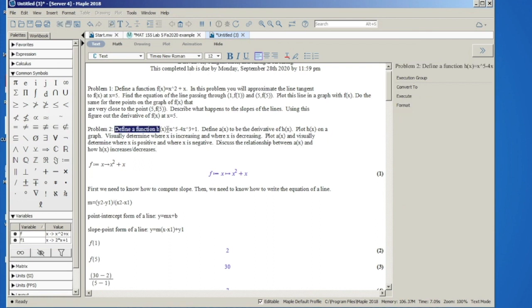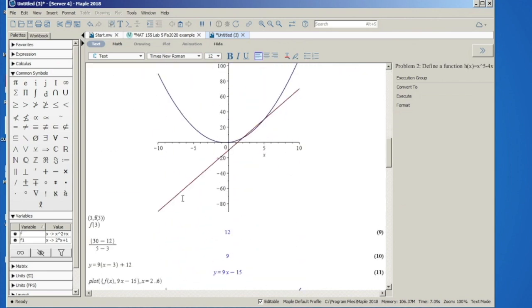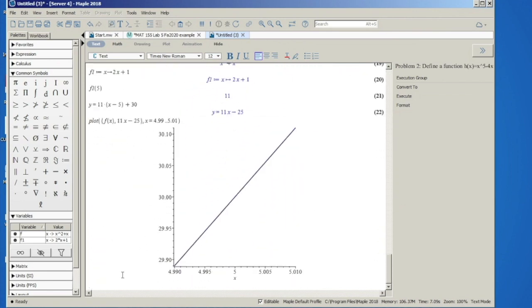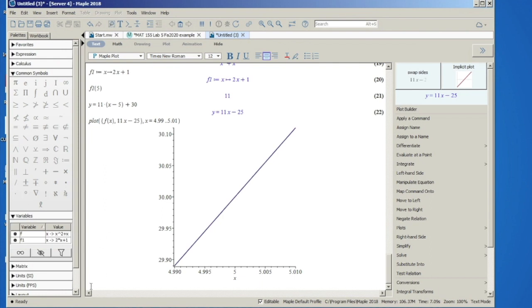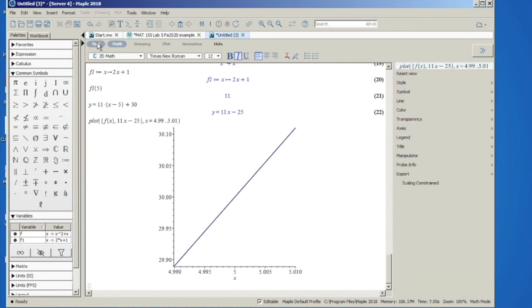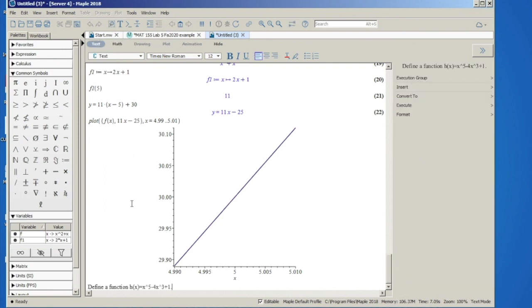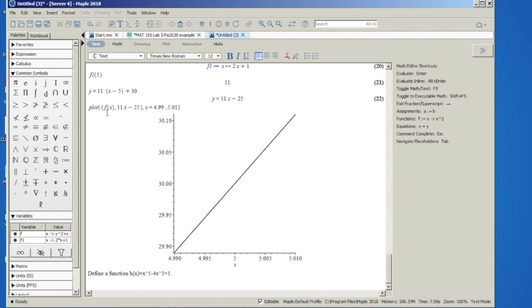Step number 1 will be to define the actual function. So I'm defining a function h of x. Let me bring this down so I have it down here.